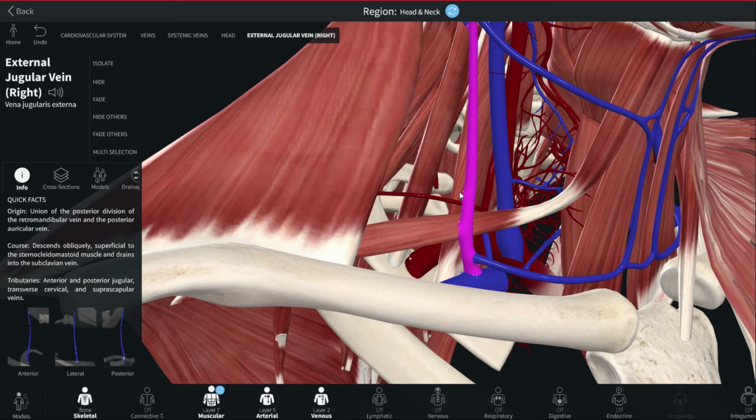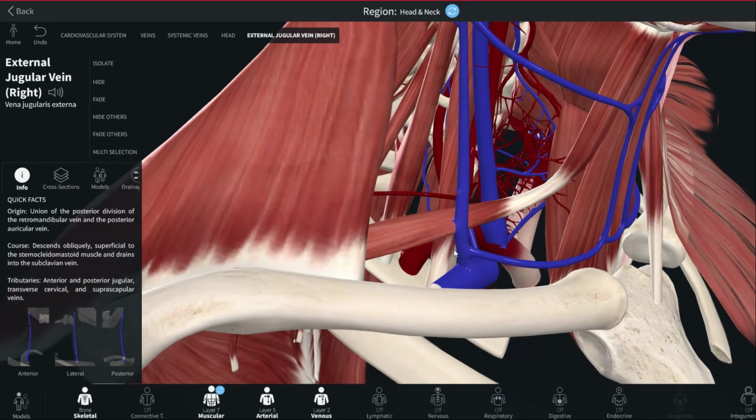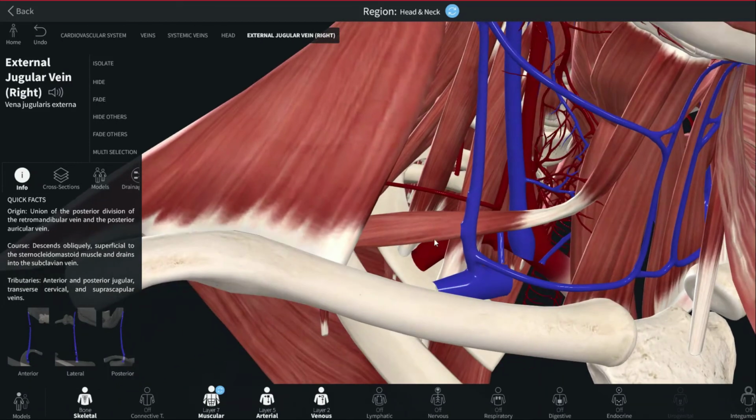Okay, so let's find the dorsal scapular artery. So remember, we talked about the dorsal scapular nerve being a constituent of the occipital triangle. Occipital triangle means dorsal scapular nerve, but in the subclavian triangle we have the dorsal scapular artery, which is a constituent.